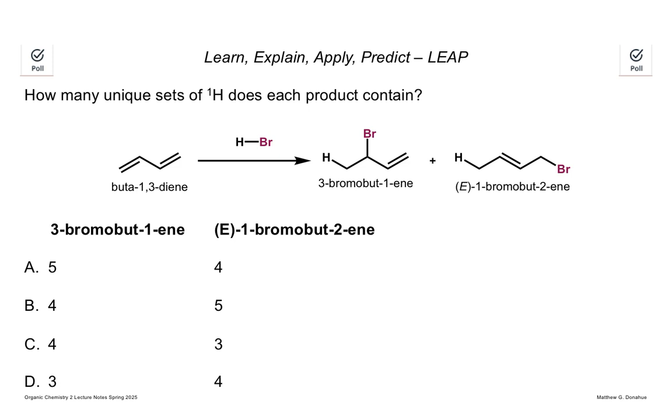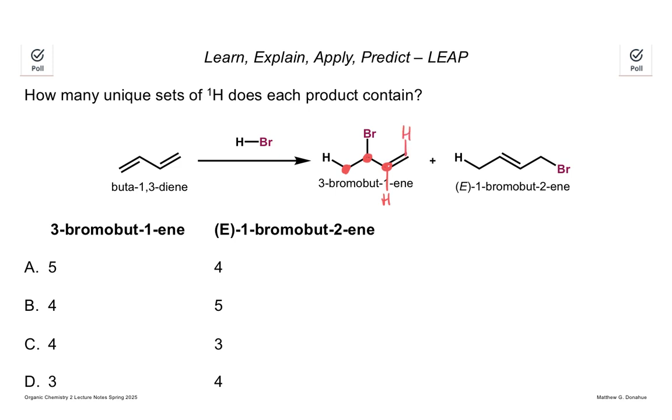So 3-bromo-1-butene. This is a CH3 group here, even though I've just shown one of the H's. So there's one set. Here's CH. That's 2. Now we need to draw this H. That's also unique.